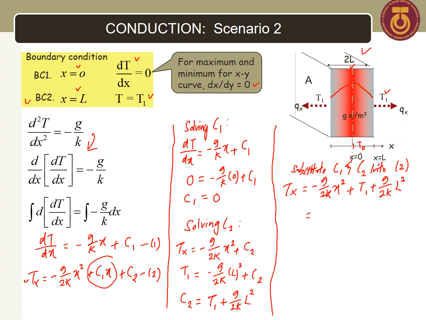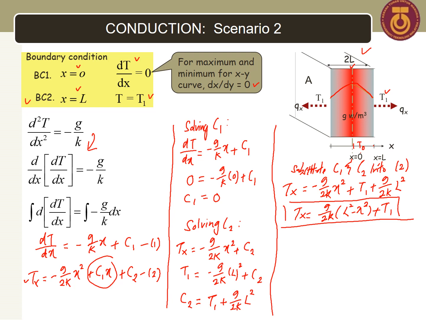Let's do some factorization. Then we get T(x) equals g over 2k times L squared minus x squared, plus T1. So we are done with the temperature profile.